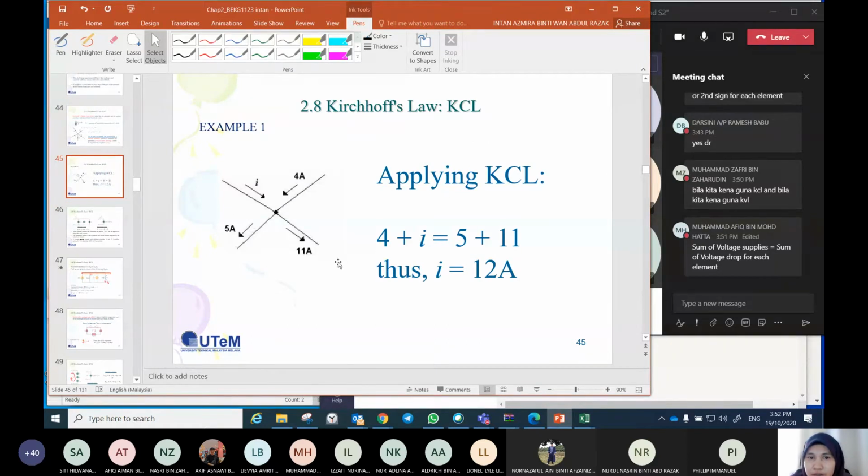Current deals with summation of current at a node. Sum of voltage supply equal to sum of voltage drop for each element.